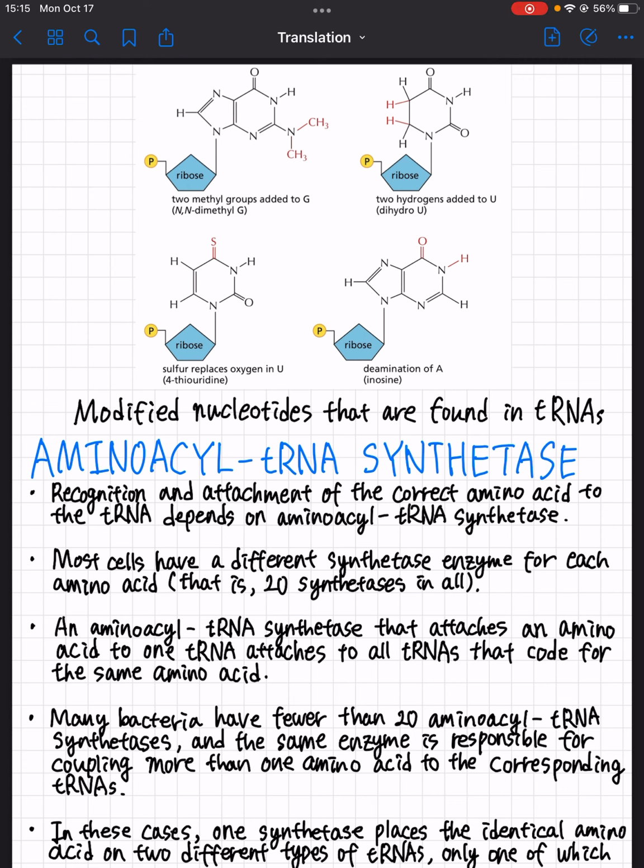Many bacteria, however, have fewer than 20 synthetases, and the same synthetase enzyme is responsible for coupling more than one amino acid to the appropriate tRNAs. In these cases, a single synthetase places the identical amino acid on two different types of tRNAs, only one of which has an anticodon that matches the amino acid.